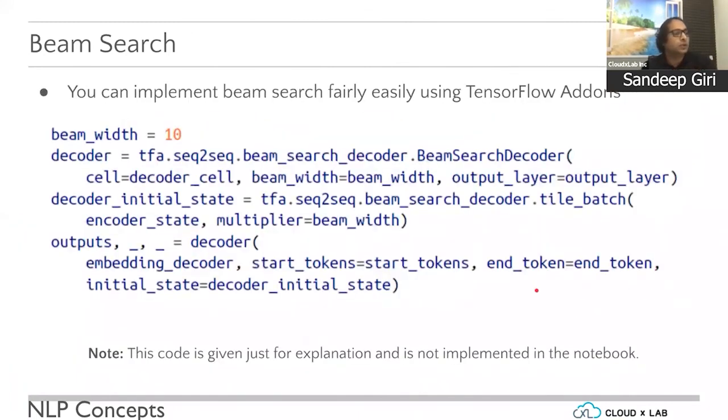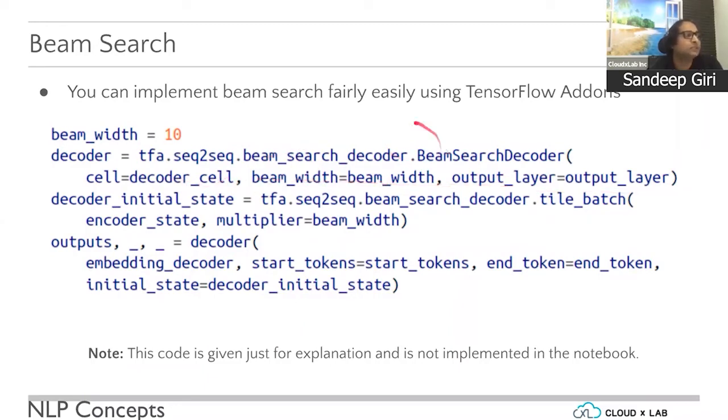In case of TensorFlow, this is part of TensorFlow Addons, TFA, the way we have imported it. It's essentially the beam search decoder, so we call BeamSearchDecoder like this. Here we are specifying the decoder cell, beam width, and the output layer. Why decoder cell?